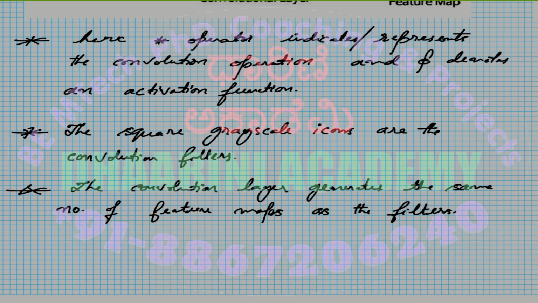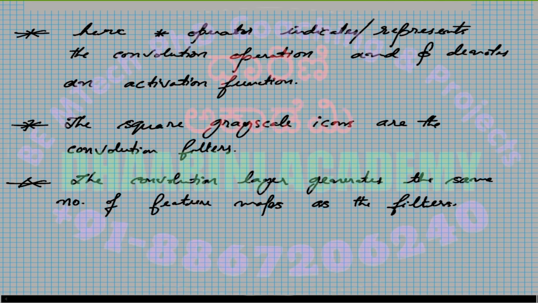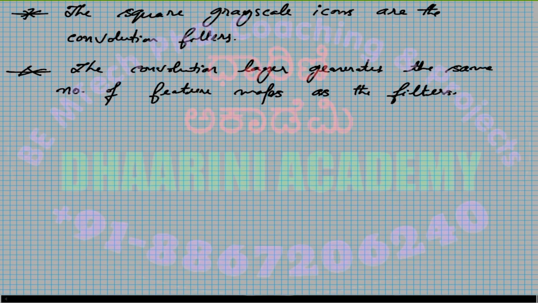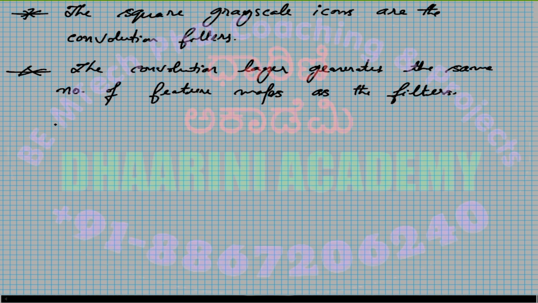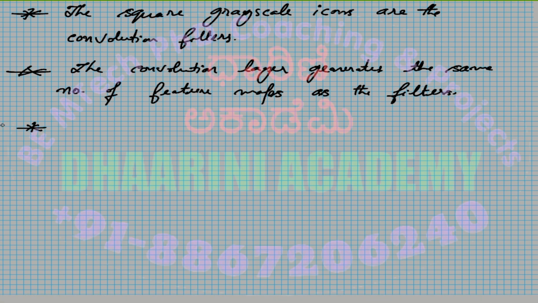What are the characteristics that we can observe from this given diagram? The first thing is that the filters used in these convolution layers are fundamentally a matrix. A matrix means a two-dimensional array, right? So that's the first feature that we observe whenever we consider a convolutional filter.